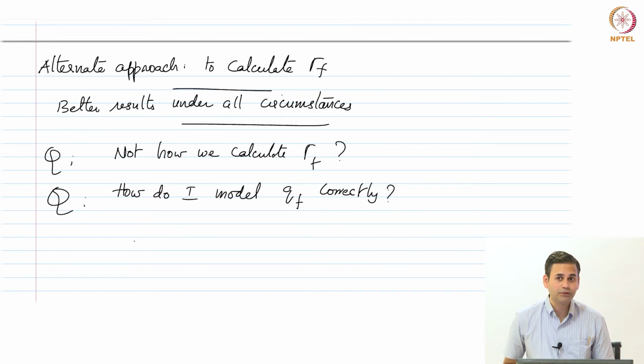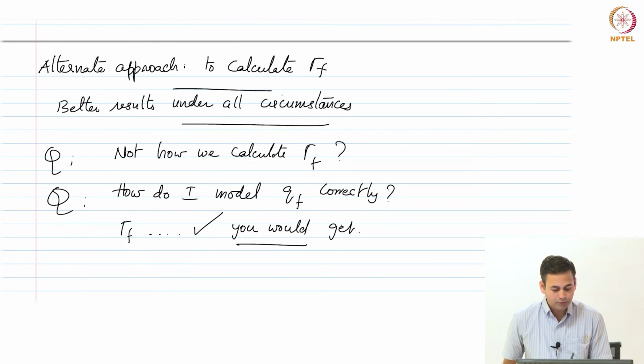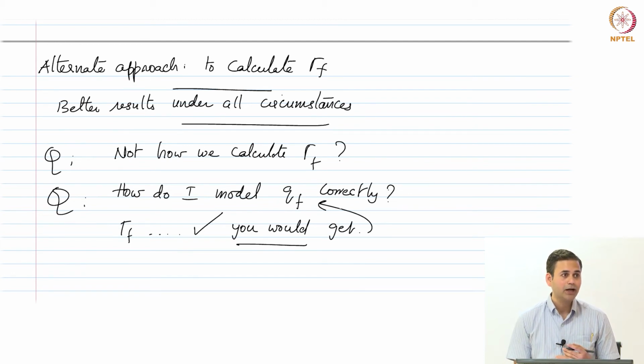That is the question. If you can correctly calculate Qf, then the resulting gamma f would be the gamma f that you would need, which would give you the correct heat flux through the face. So the question is, how do I calculate heat flux correctly such that whatever gamma is appearing there would be the right gamma I should use. That is the question we ask ourselves.